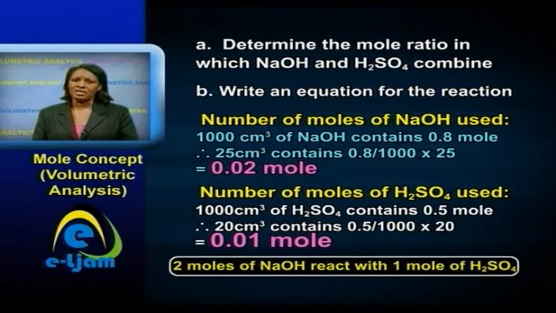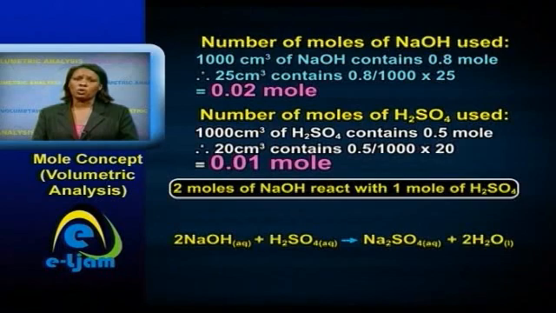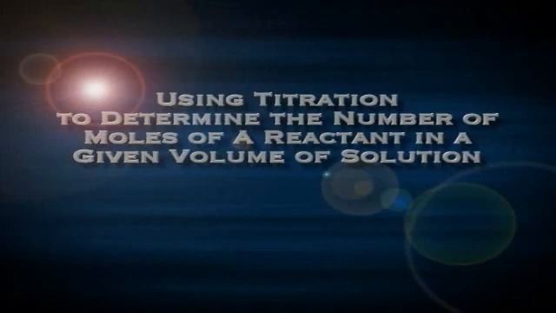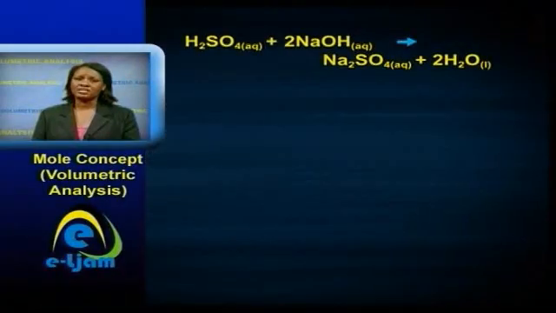Therefore, B. Equation: 2NaOH(aq) + H2SO4(aq) gives Na2SO4(aq) + 2H2O(l). For standardized sodium hydroxide and sulfuric acid, the equation is H2SO4(aq) + 2NaOH(aq) to give Na2SO4(aq) + 2H2O(l).